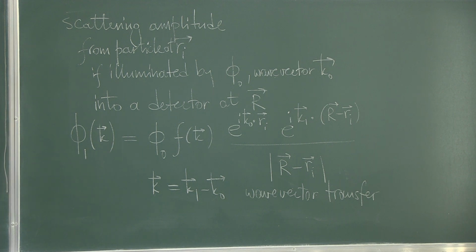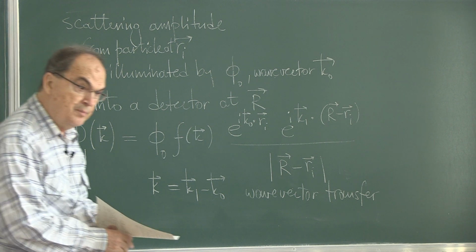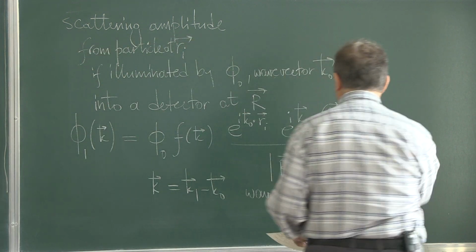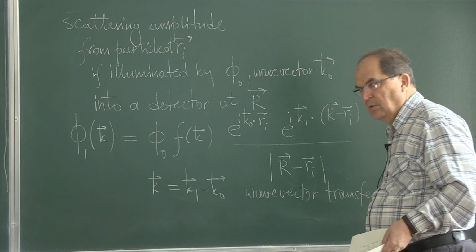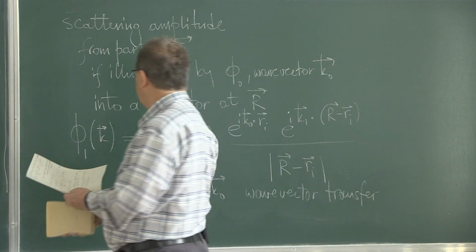Well, this is scattering from one particle, but if you are scattering from a crystal or liquid, you have n particles in that system, isn't it? We have to write scattering from n particles by using this, of course.